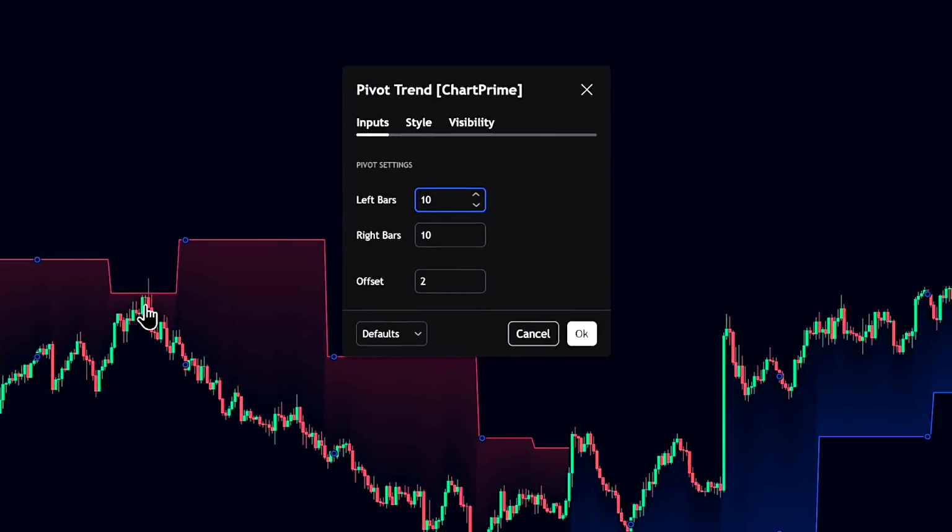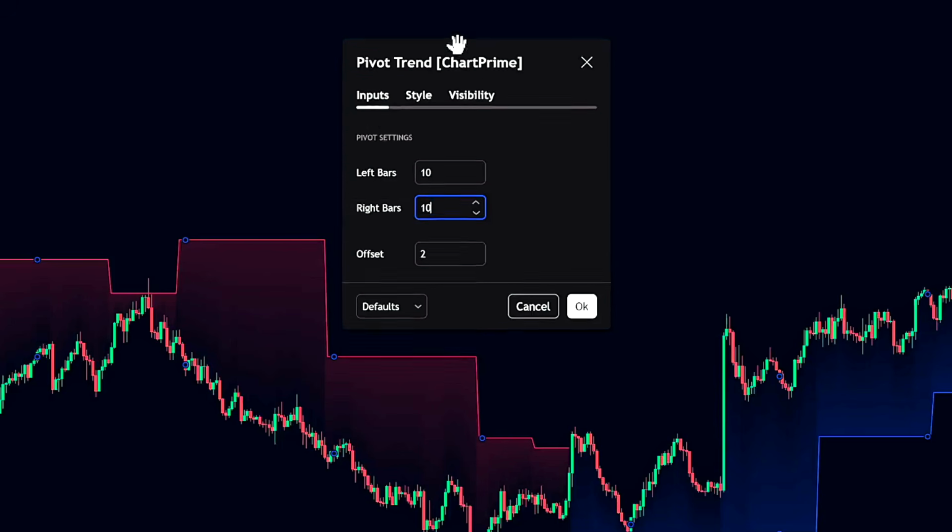In simple terms, for a swing high pivot, the pivot candle must be higher than the candles to its left. The second input is right bars. This works the same way on the right side. The pivot candle also has to stay the highest or lowest compared to the candles that form after it.